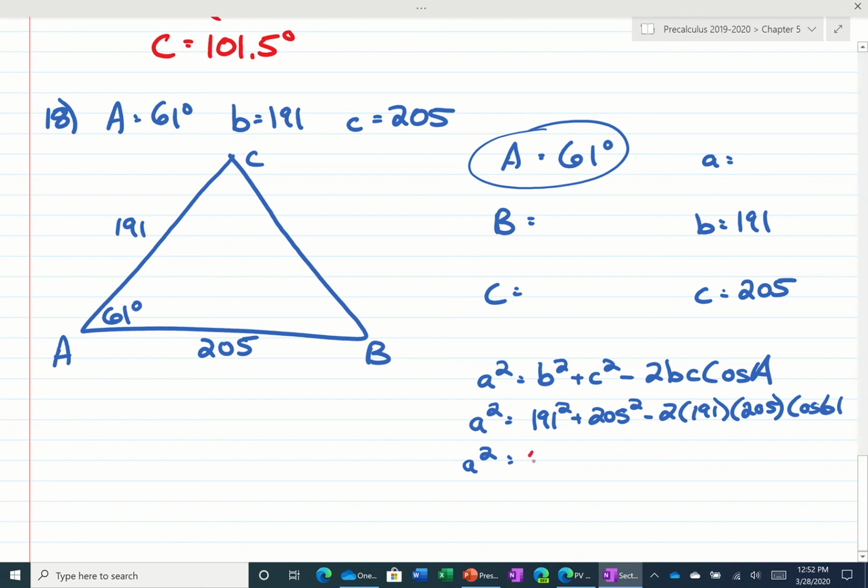Calculator says that this is a large number, 4540.5 whatever, but we have to take the square root. And we would get that side A is 201.3.